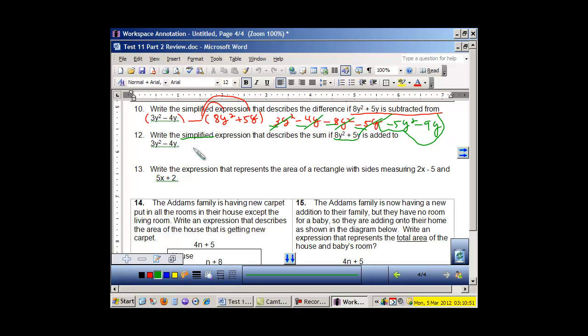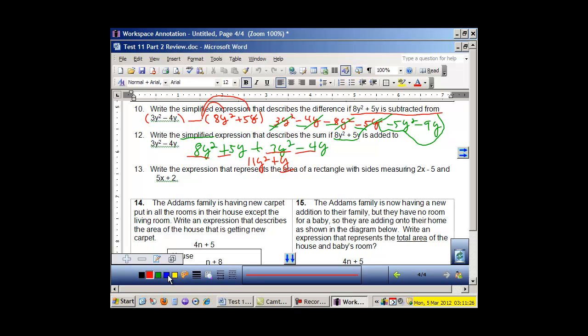So let's do it. 8y squared plus 5y is added to plus 3y squared minus 4y. Well, just combine like terms. 8y squared and 3y squared is 11y squared. 5y minus 4y is plus y. 5 minus 4 is 1. That's my answer.